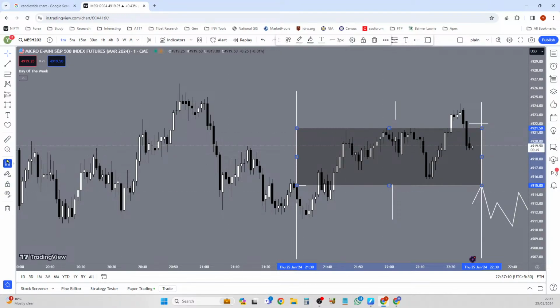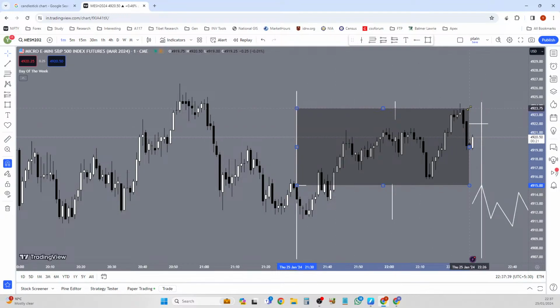You can move this magnet. Now, also be aware of this button over here. This looks like a magnet. Now, why this magnet is important is it helps you to stick the markings exactly to the levels that are closer. So this edge has aligned with the highest price over here on this candle. So when I move it above it, it doesn't have anything to snap to.